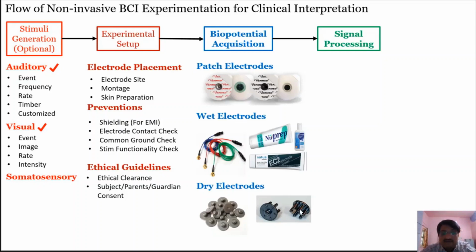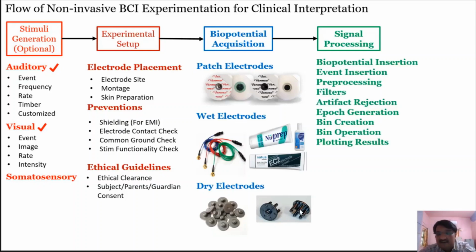Once you get that, these are the very basic steps in order to extract your ERP. So what are the steps? First, whatever you have, the biopotential and the stimulus or event, both should be fed into the system on which you are going to process them. Further, there are some pre-processing algorithms available to remove artifacts.